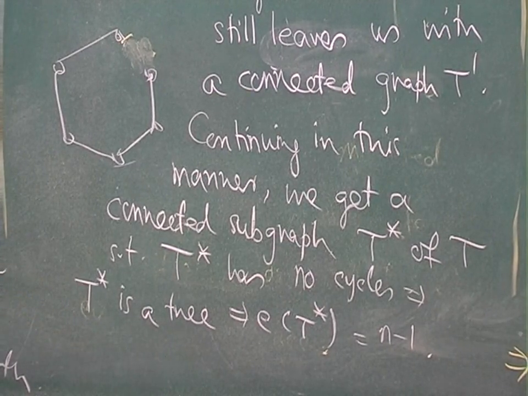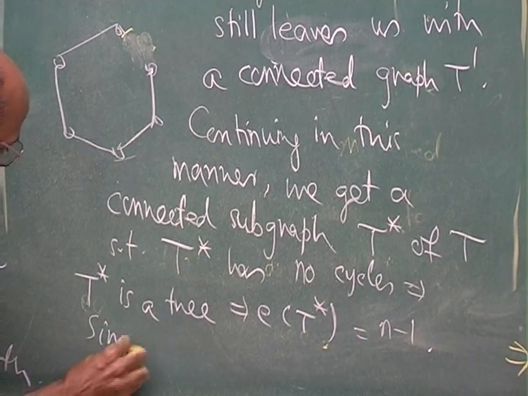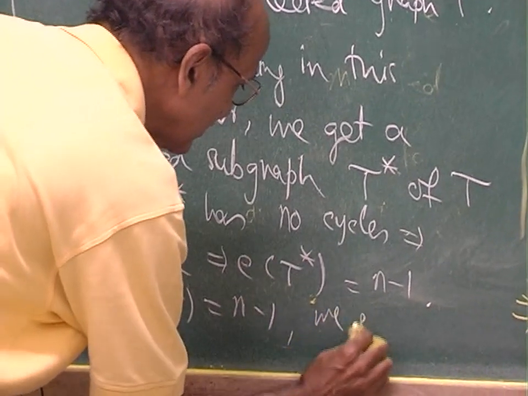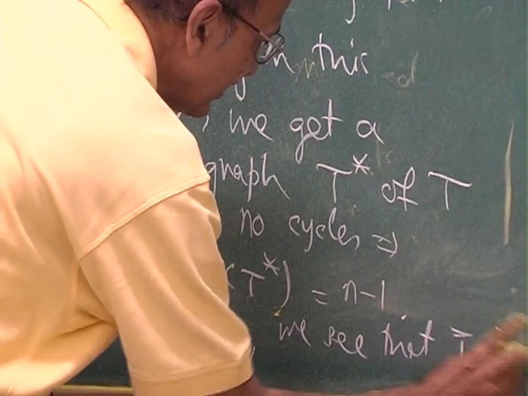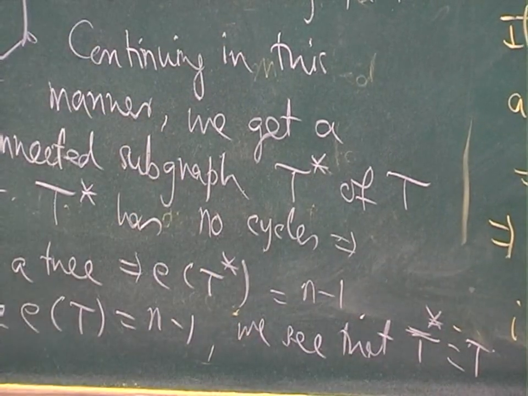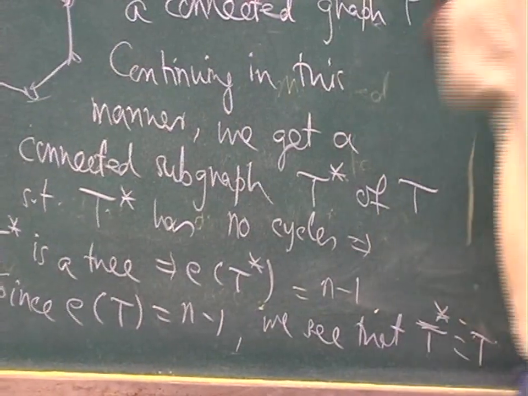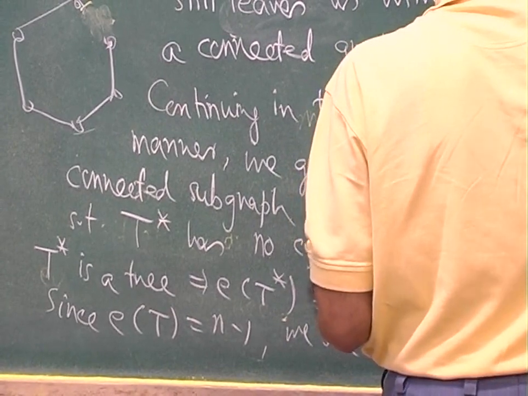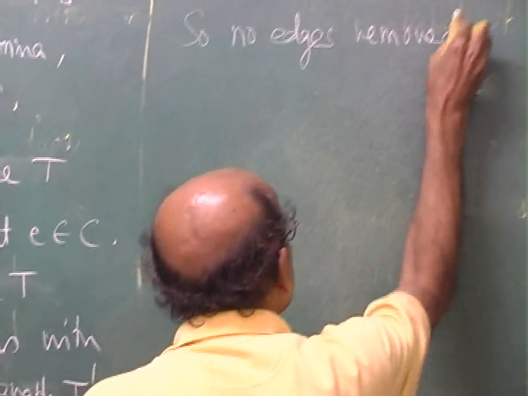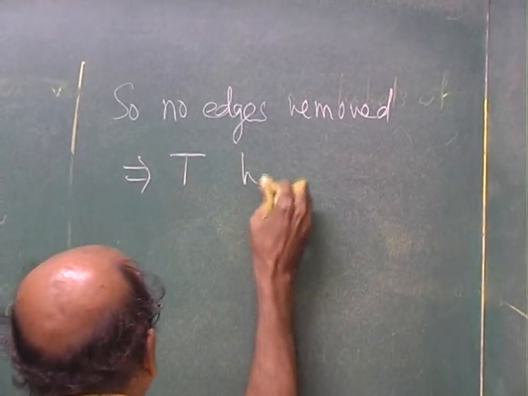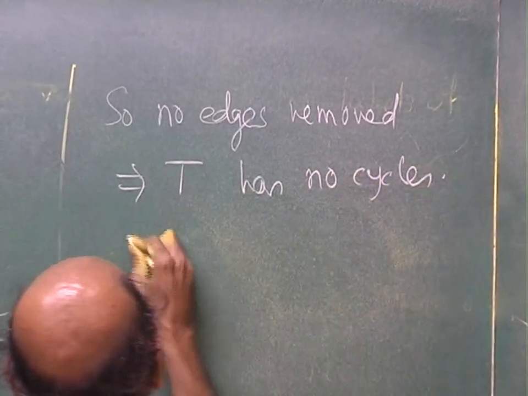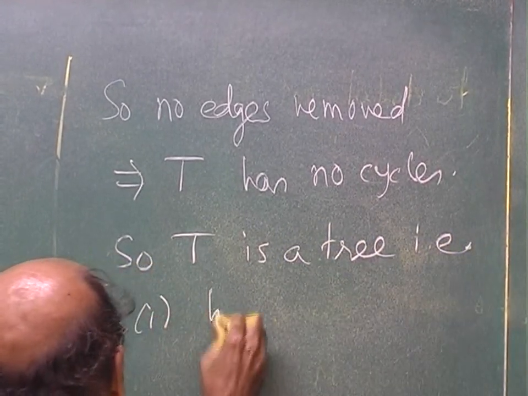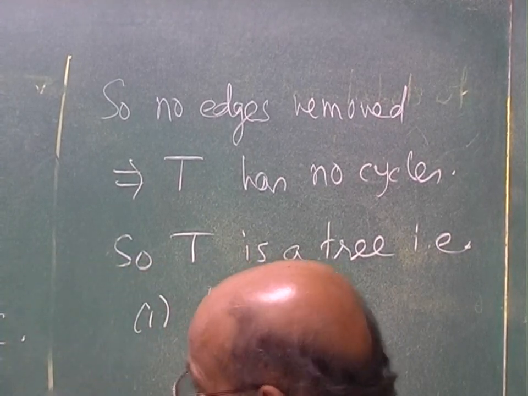Obviously you could not have removed any edges, since this is given to us, T star must be the same as T. So no edges were removed, which implies that T has no cycles. Okay, so 2 implies 1.